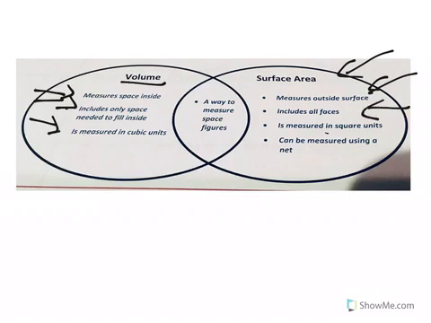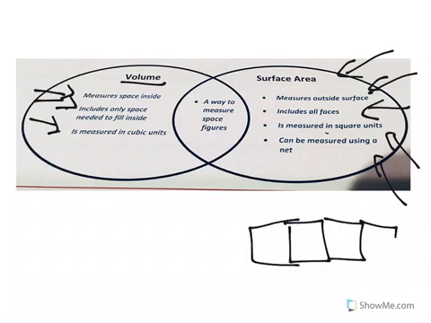It would cover the faces, so to speak. It includes all the faces of any three-dimensional shape, is measured in square units, and can be measured using a net. So remember, we have that box, and if we wanted to take it apart, we could have a net that we could then fold on those lines and put it back together as a three-dimensional shape.